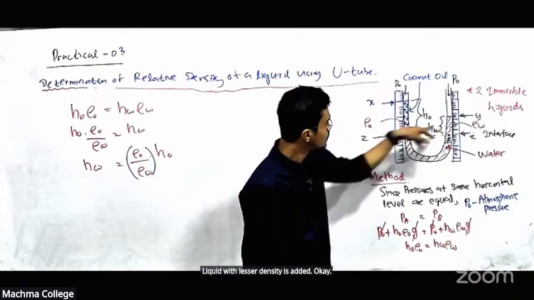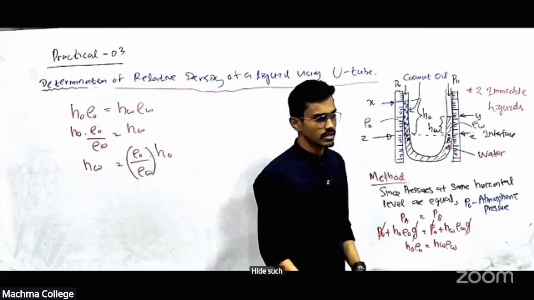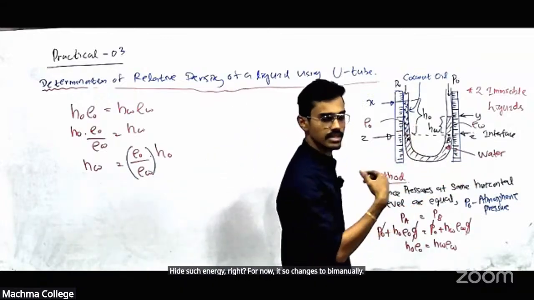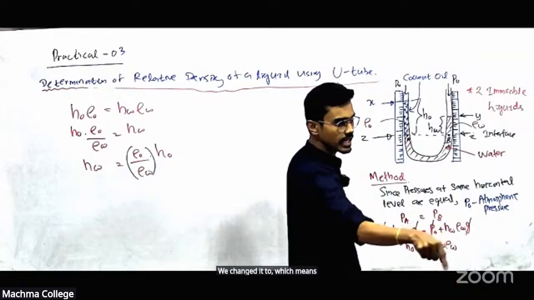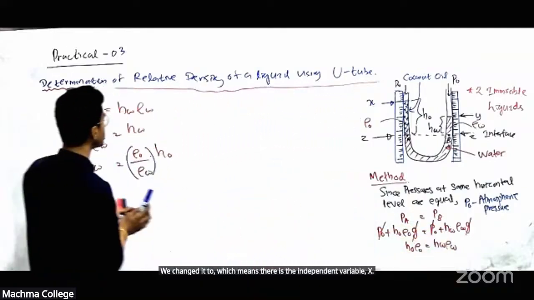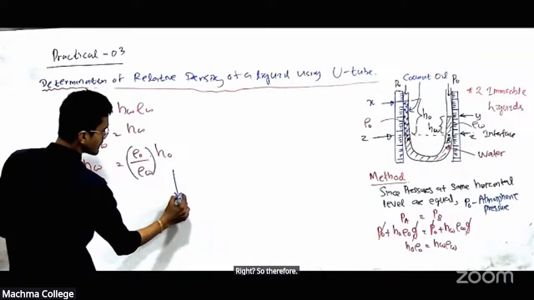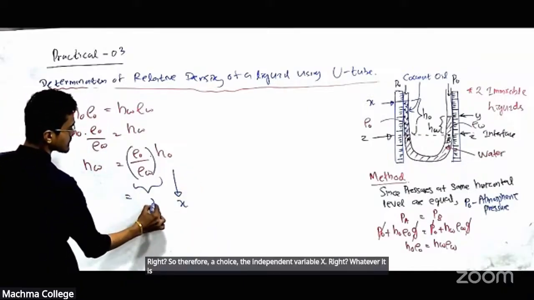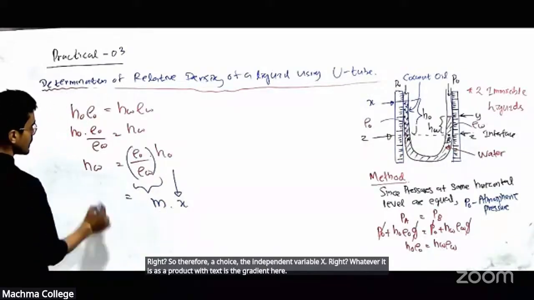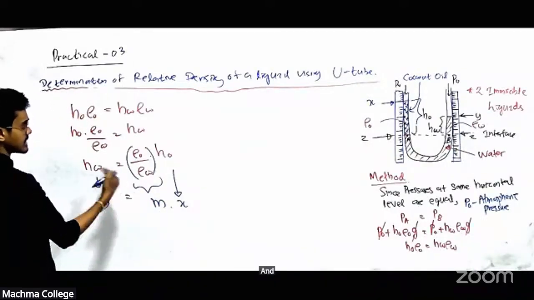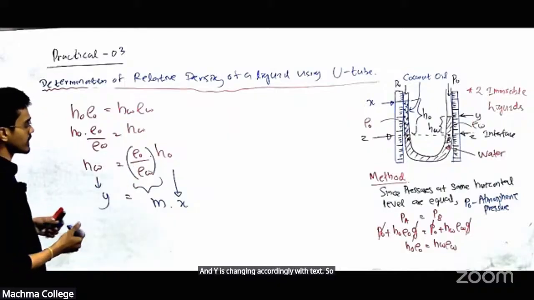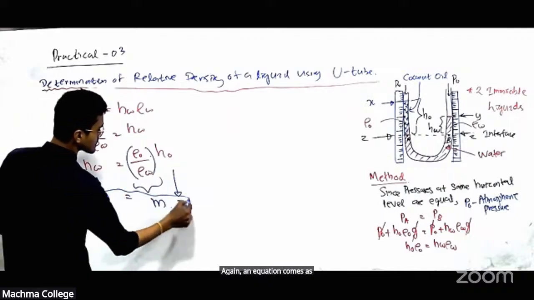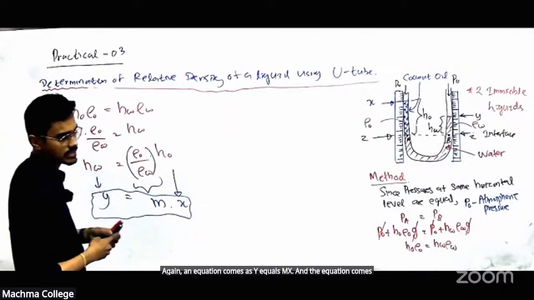When it is added, both heights are changing. So H naught changes. By manually changing H naught, that is the independent variable x. Whatever it is as a product with x is the gradient here. And y is changing accordingly with x. So again, an equation comes as y equals mx.